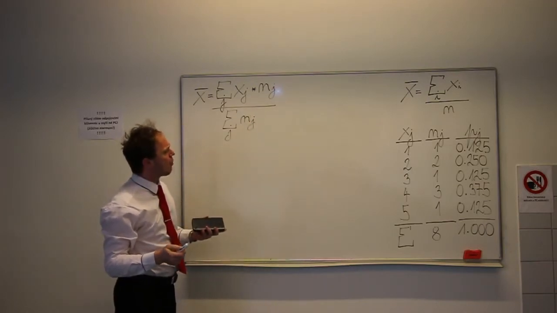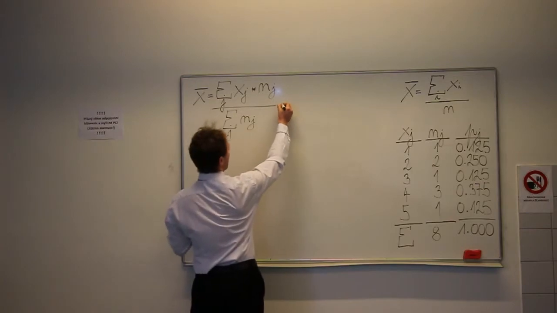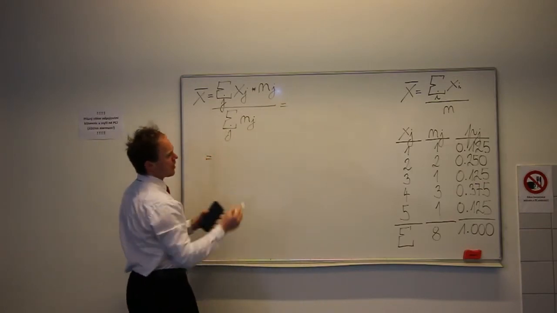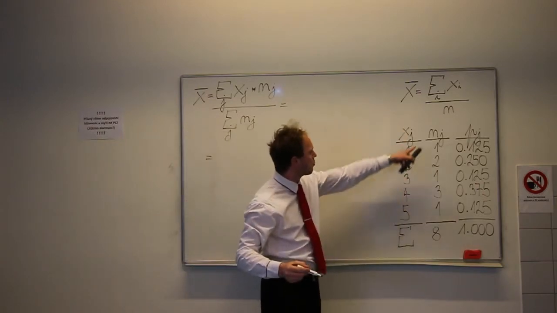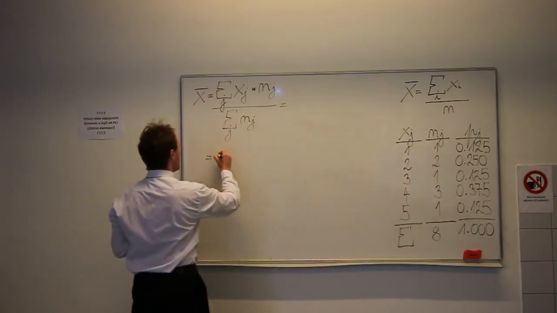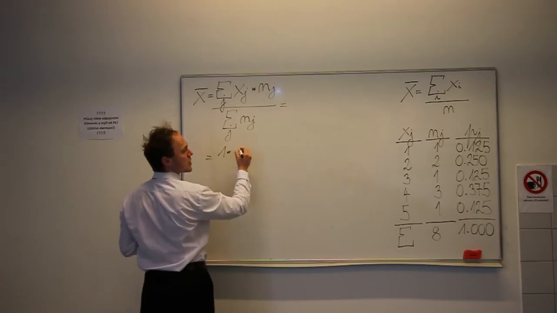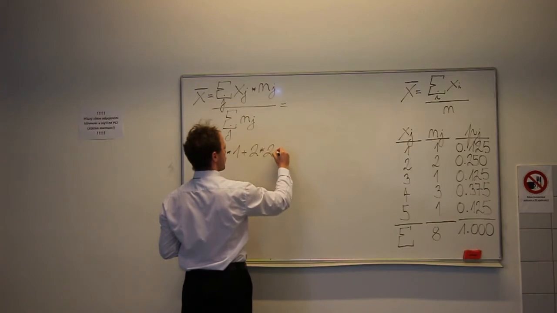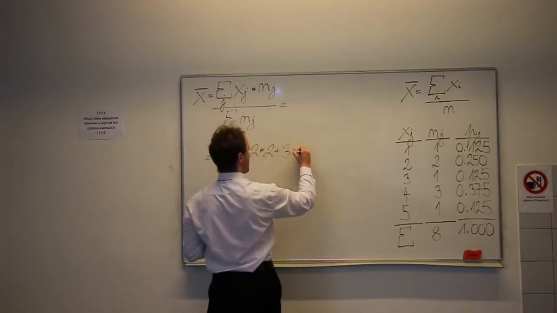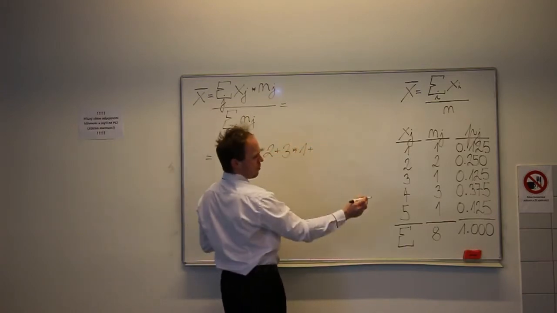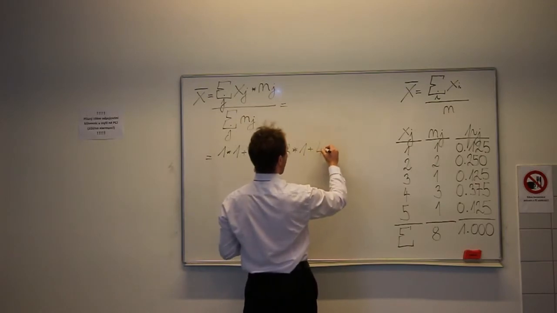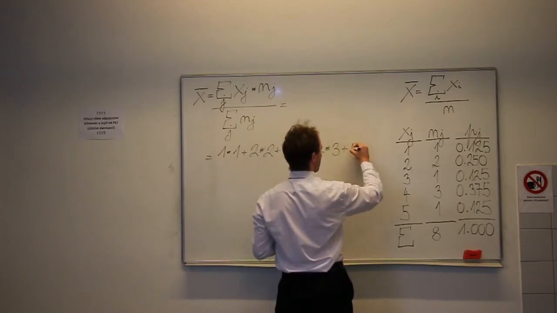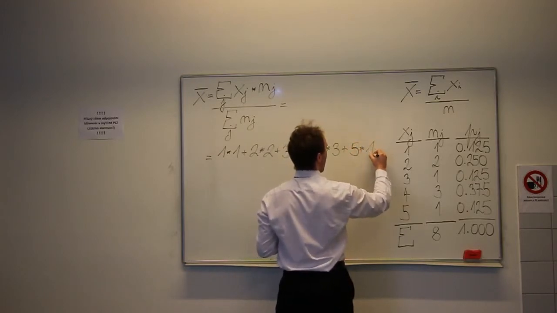Okay, so we can calculate it, yes, in the numerator. What is in the numerator? This is multiplied by this, so 1 times 1 plus 2 times 2 plus 3 times 1 plus 4 times 3 plus 5 times 1.